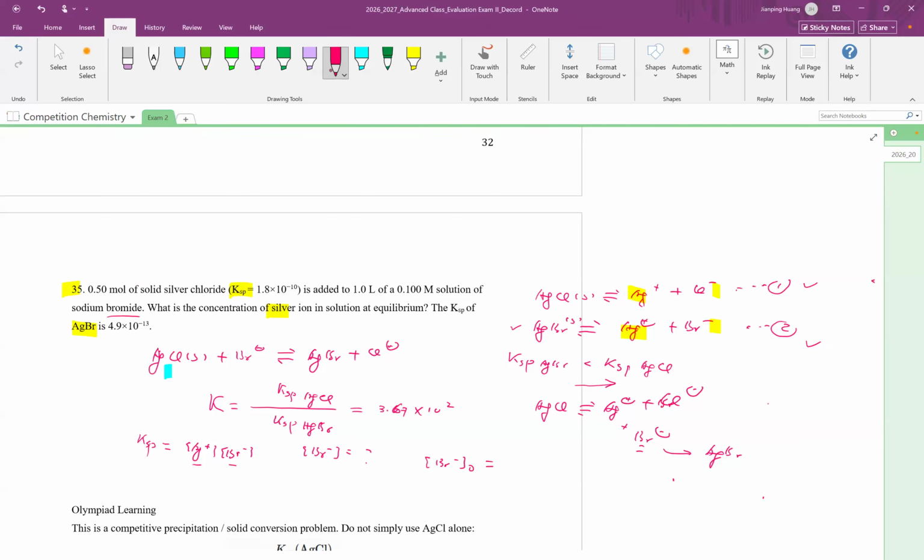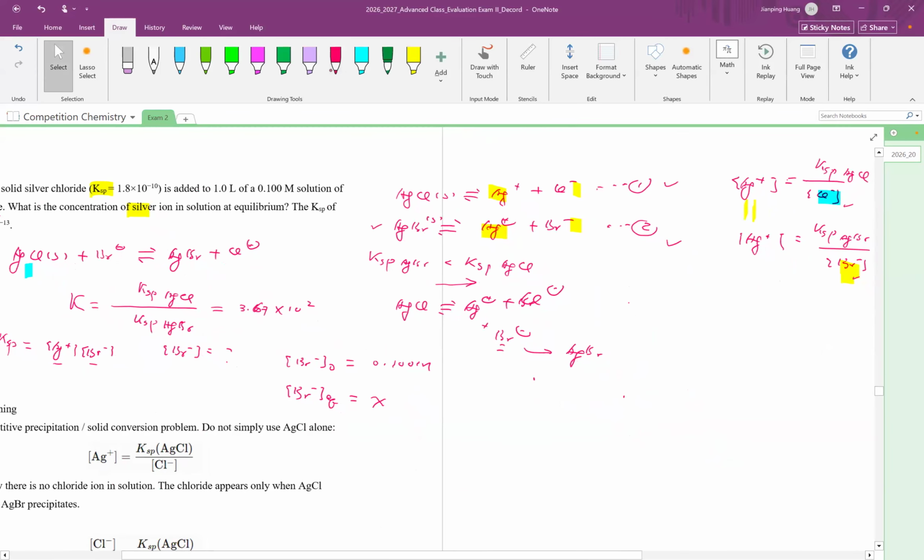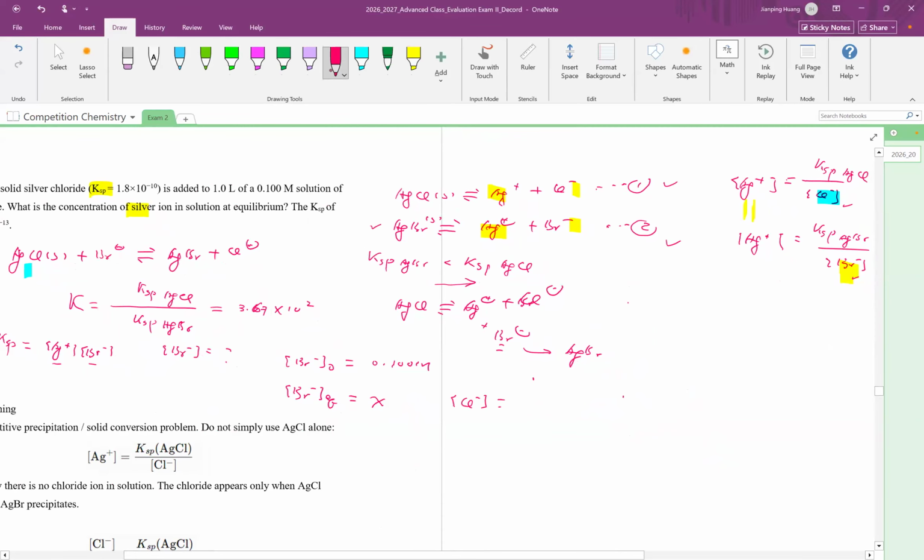That equals what? Equals 0.100 M. Now I say X. So in this case, based on stoichiometry, chloride should be 0.100 minus X.